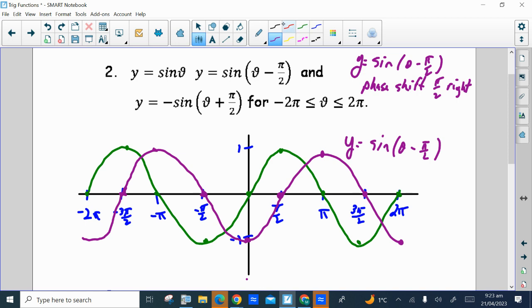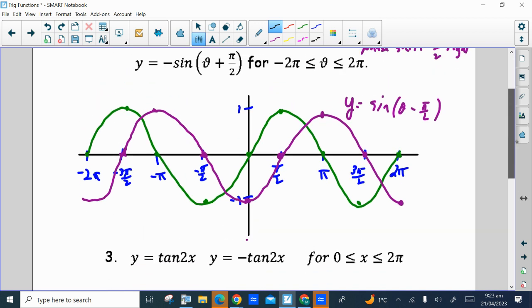And then the last one we're asked to do is for theta, negative sine of theta plus pi on 2. Two things are going to happen. The graph will reflect over the x-axis because a is negative.